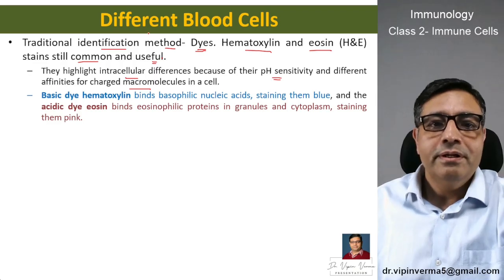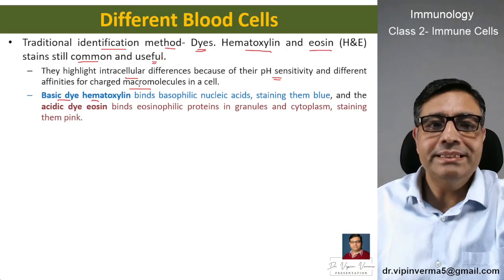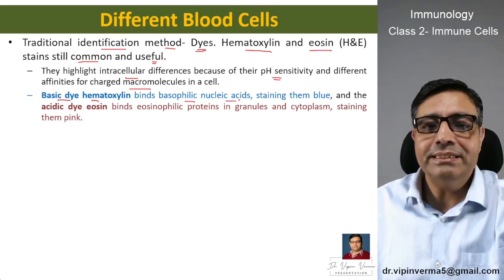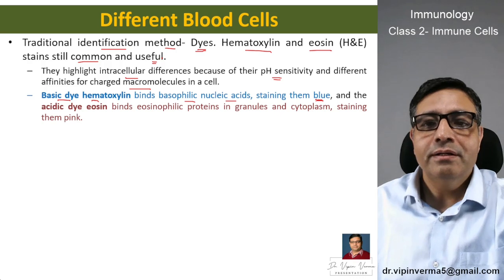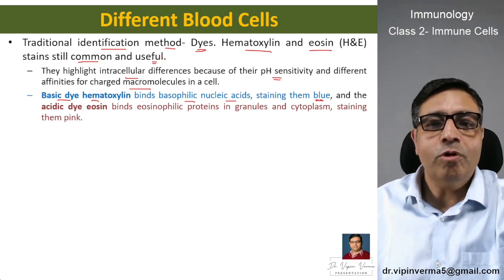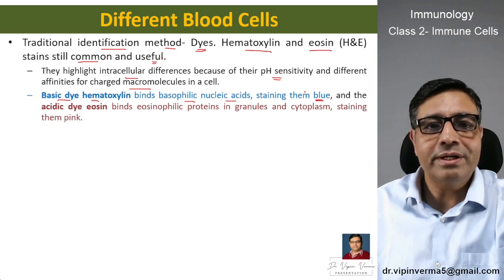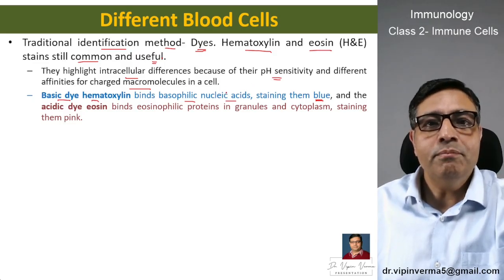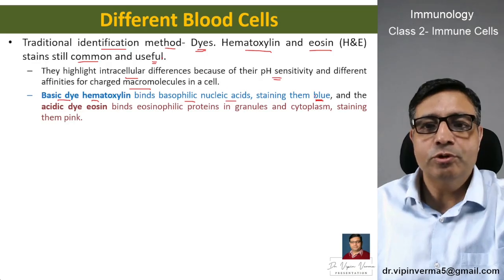Now, hematoxylin is a basic dye. Okay, it is a basic dye, and it binds to the basophilic nucleic acids and stains them blue. So all the macromolecules or cell parts or organelles which take up hematoxylin will become blue under the microscope.